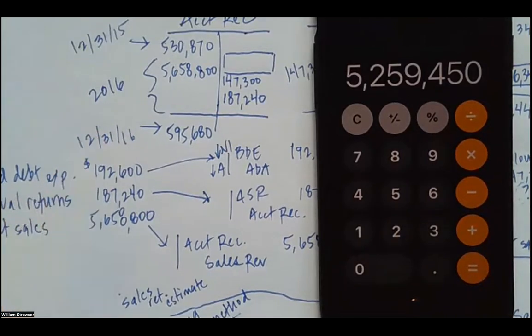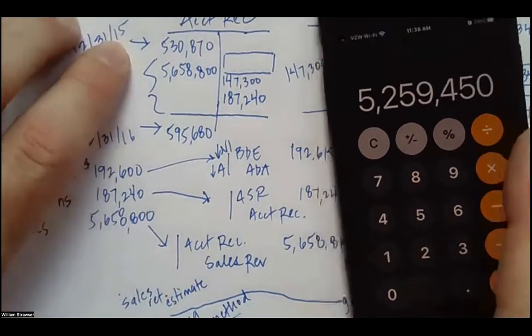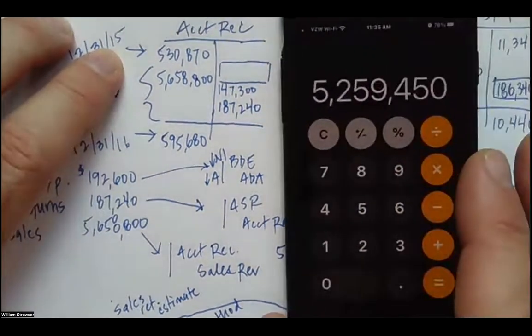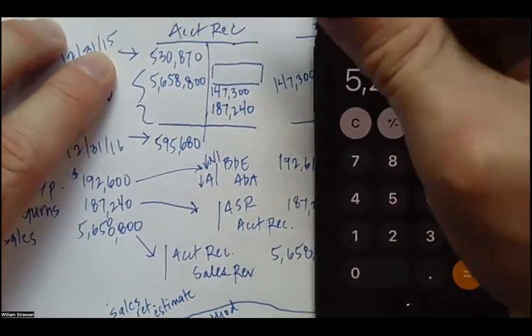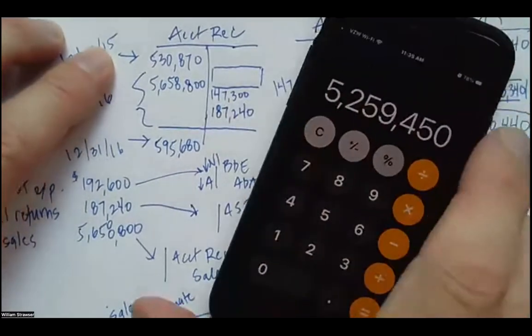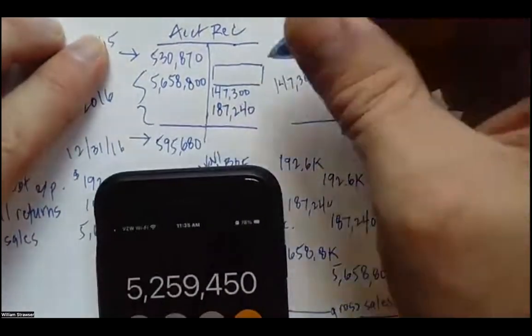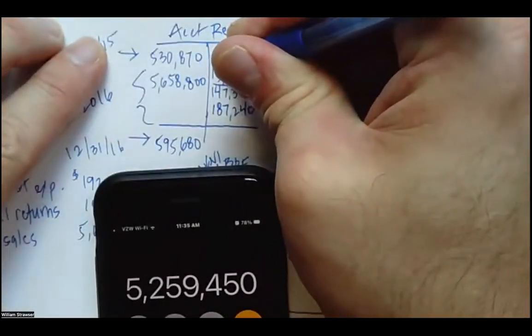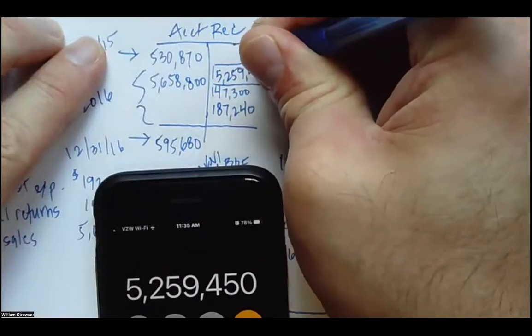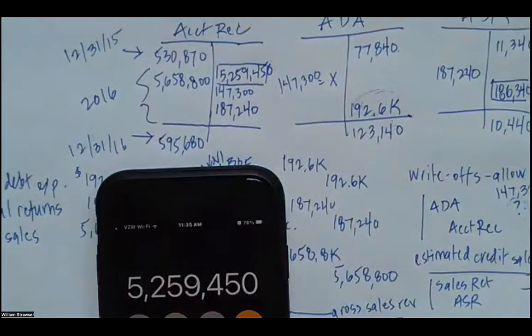Let's look at the 450. So we're off by $90, me and the student. So that's all right. So that's the amount that I would put in there: 5,259,450. And that would be the amount of collections I made.